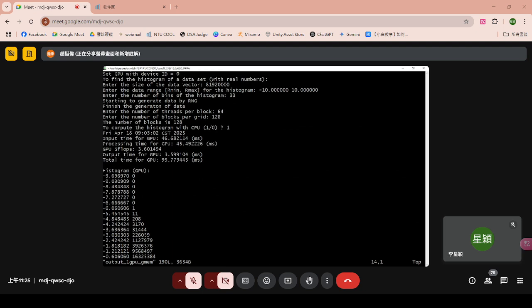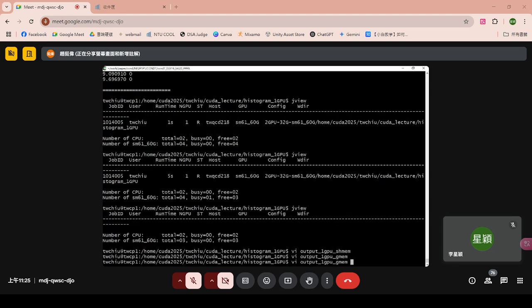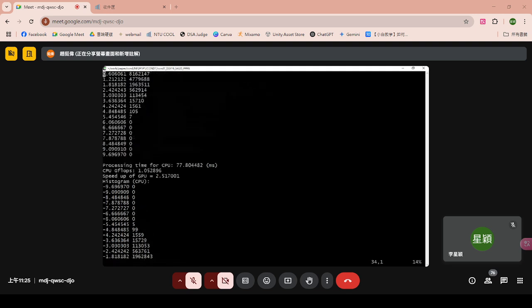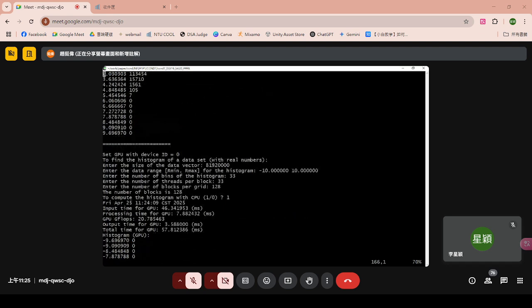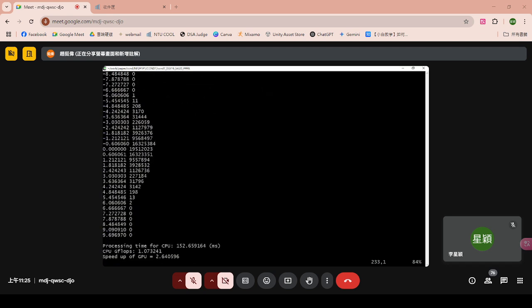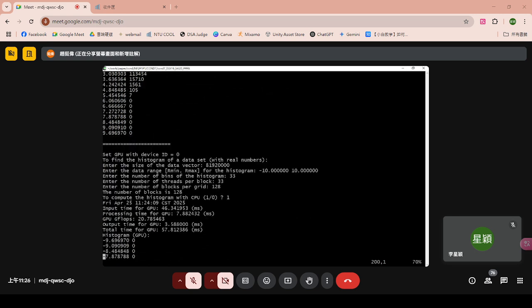And then for the shared memory, you can see the difference: the processing time is about 8 milliseconds.